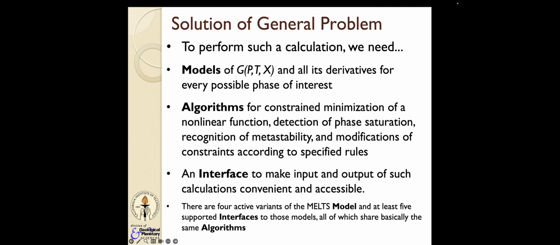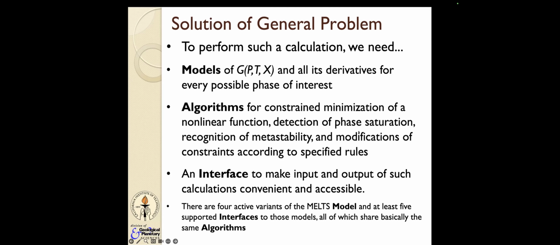Then you need a set of algorithms that can actually do the calculation, that can take these functions and find their minima. And you need several auxiliary functions that go with the main minimization engine. You have to have a way to choose which phases to put into the calculation, which ones to remove. You have to have an algorithm that recognizes if your phase has wandered into a miscibility gap and wants to split into 2 phases.